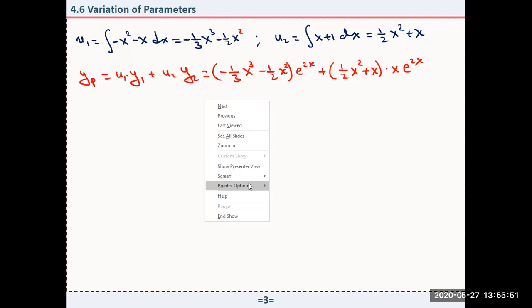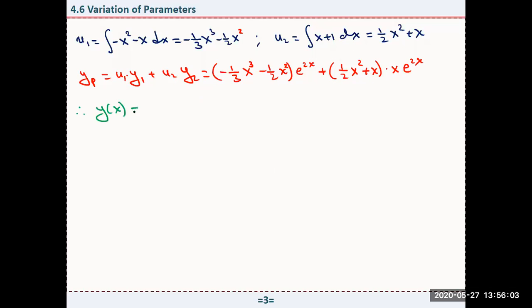So now we can write the general solution of the given differential equation. The general solution is the complementary solution plus the particular solution. And what is the complementary solution? That is c sub 1 times e to the power 2x plus c sub 2 times x times e to the power 2x.